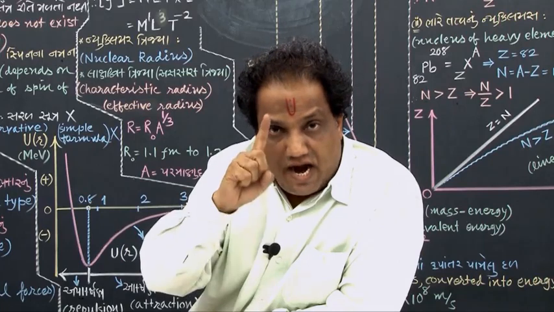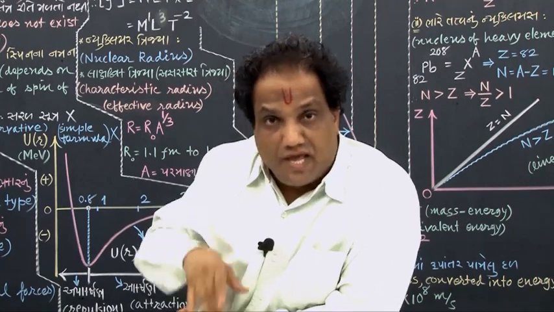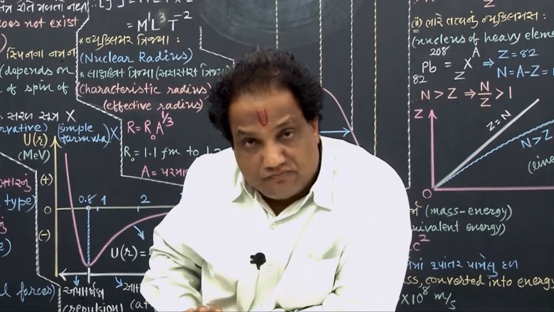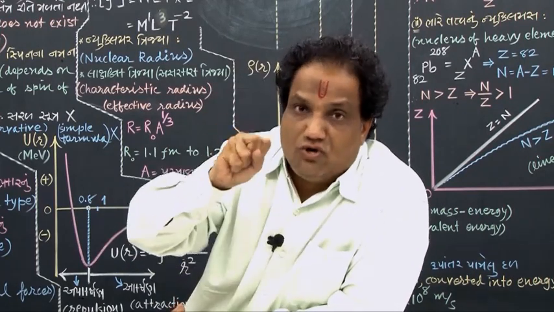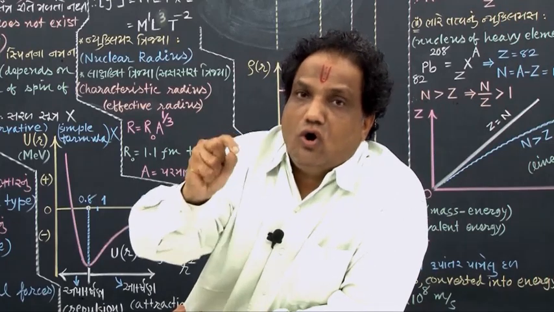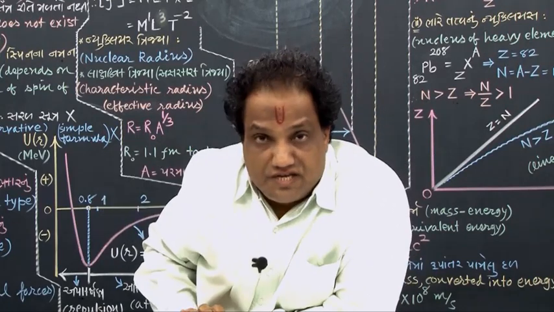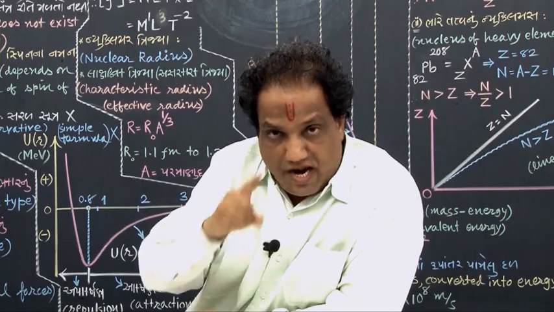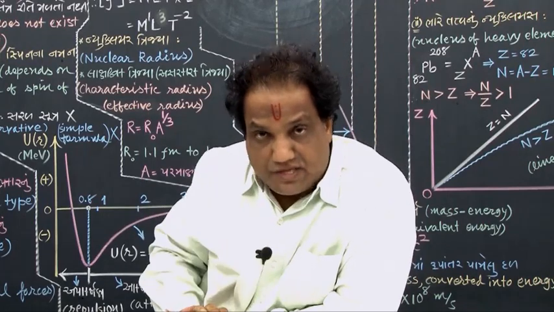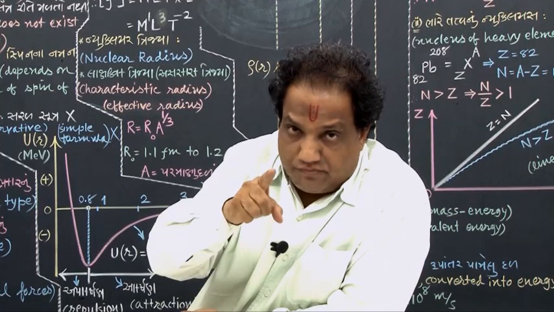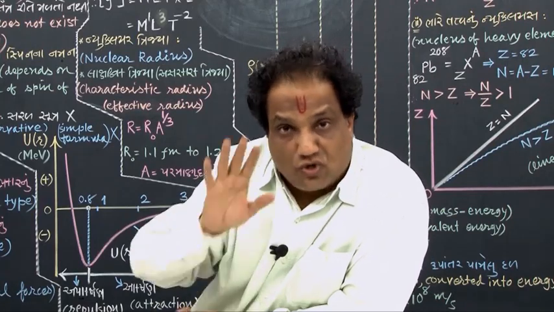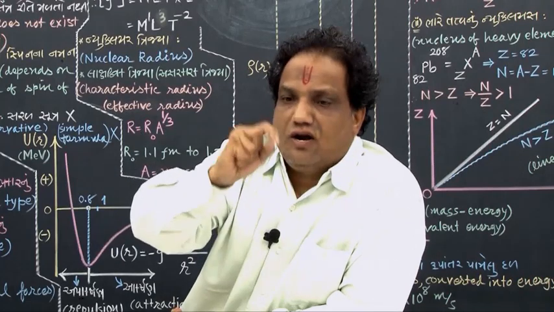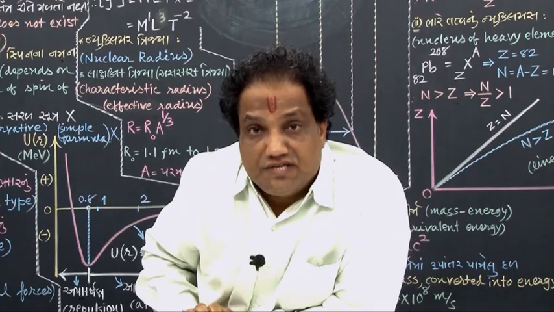Short range attractive forces acting between proton-proton, proton-neutron and neutron-neutron, which bind all the nucleons together, are called nuclear forces. I repeat, these short range attractive forces acting between proton-proton, proton-neutron and neutron-neutron, which bind all the nucleons together, are called nuclear forces.